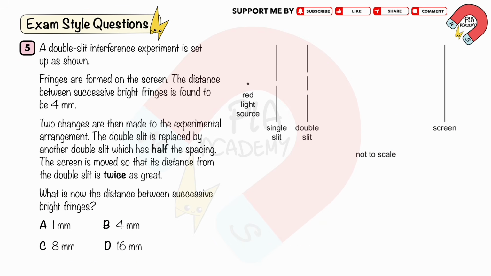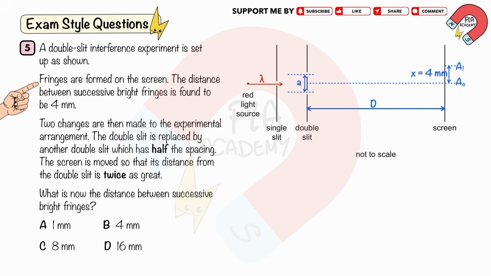Exam style question 5. A double slit interference experiment is set up as shown. Fringes are formed on the screen. The distance between successive bright fringes is found to be 4 mm. Given the wavelength of red light equals lambda, the slit separation equals A, the slit to screen distance equals D, and fringe separation X equals 4 mm, as shown in the diagram.